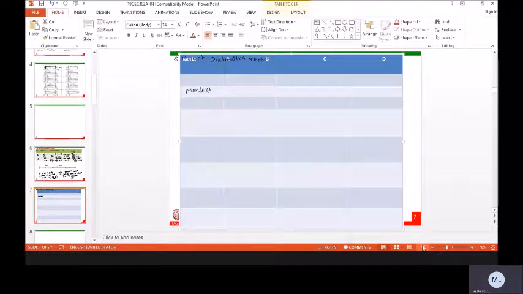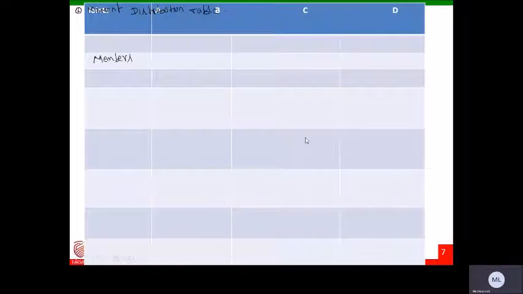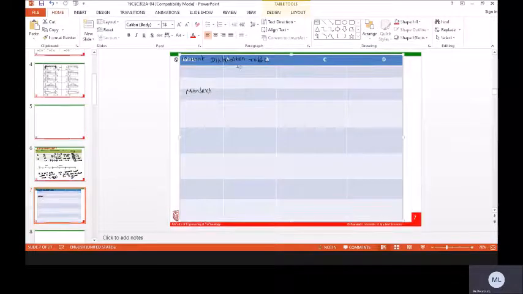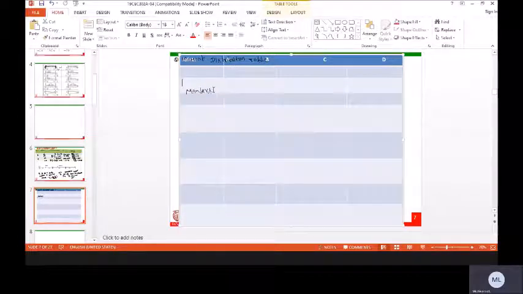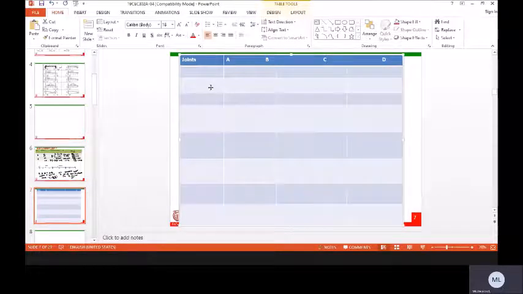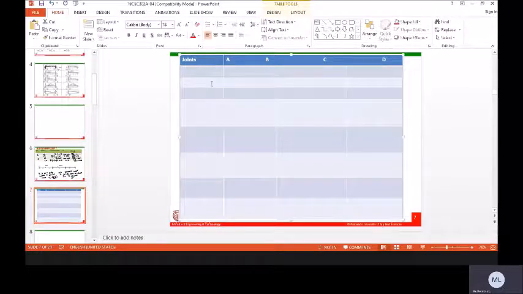Or we can take this on the first side. And here I can write moment distribution table.